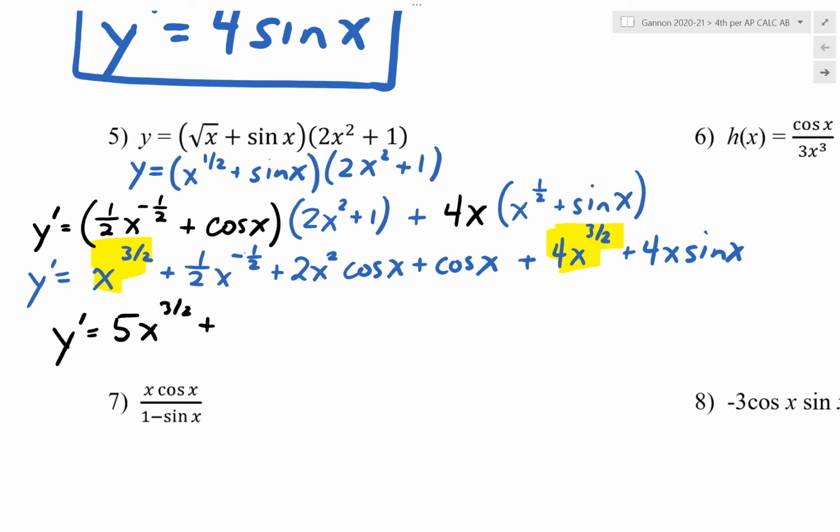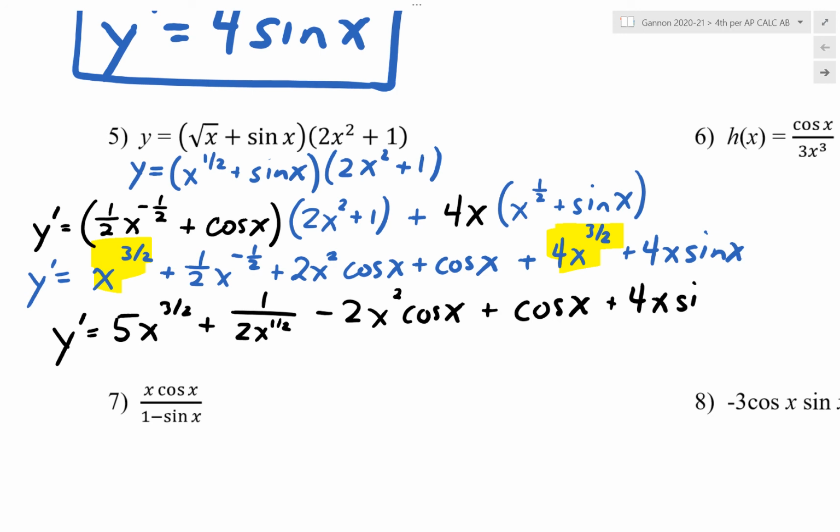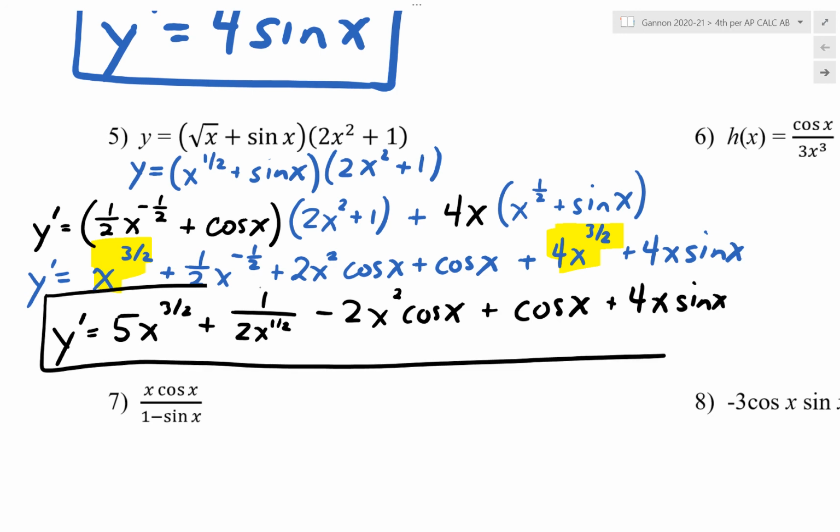Now I'm going to rewrite this so the exponent's positive, so that's going to become 1 over 2x to the 1/2, or you could write that as root x, plus 2x squared cosine of x, plus cosine of x, plus 4x sine of x. So you can see, while the derivative of sine and cosine are relatively simple, some derivatives can become fairly complex. And it's very important that we take our time, look at the function, and decide which rules we're going to need in order to take those derivatives.